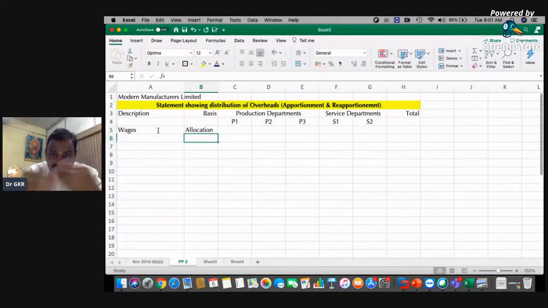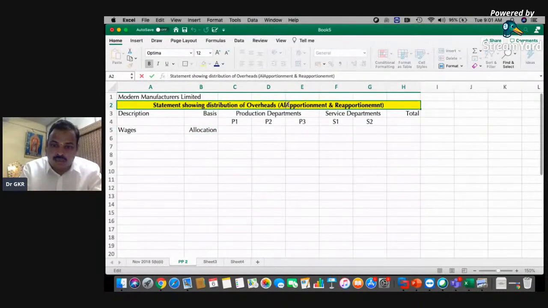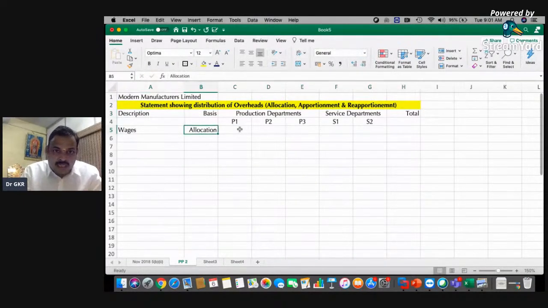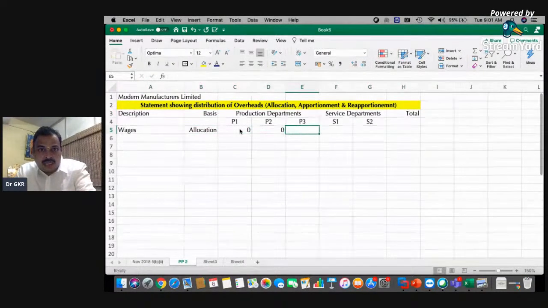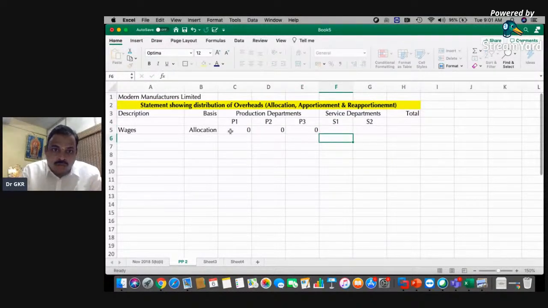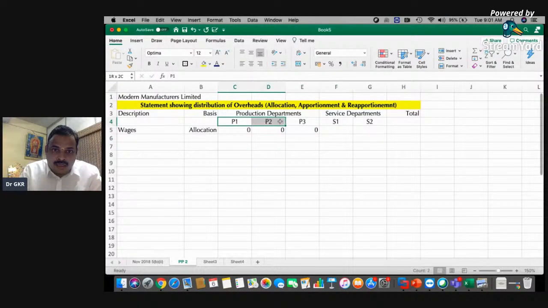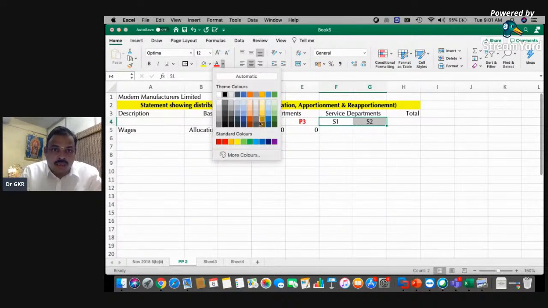Why is it allocation? It has been directly identified, so I need not distribute it. So I will call it allocation, apportionment and reapportionment. This is allocation. It has been allocated to P1, P2, P3 also. But P1, P2, P3 is your redistribution.